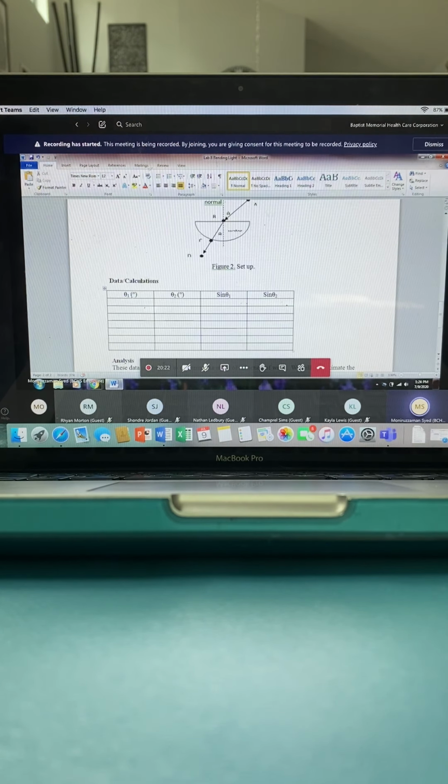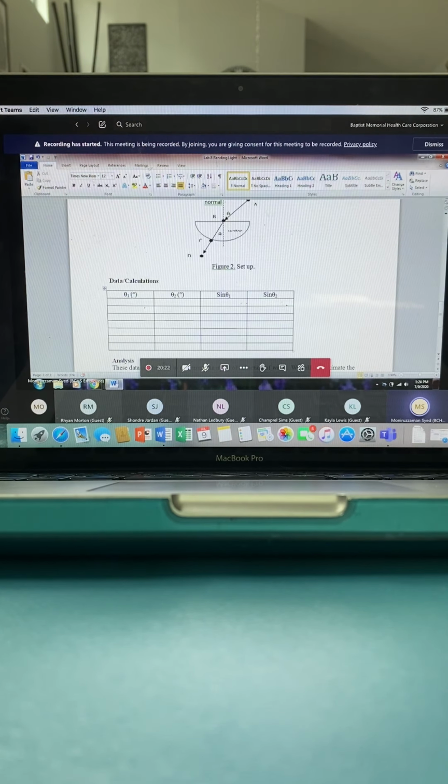So how do you measure the angle of incidence? This line and the normal, right? So this angle. How do you measure it? How much? 30, okay, so let's say 30. You can measure it precisely, but let's do it this way, so 30.